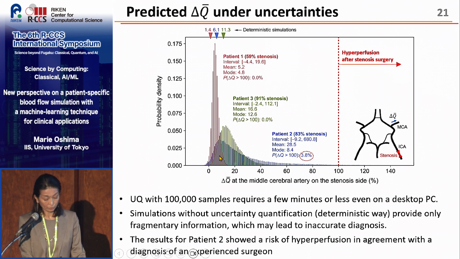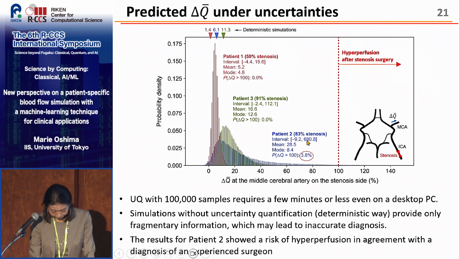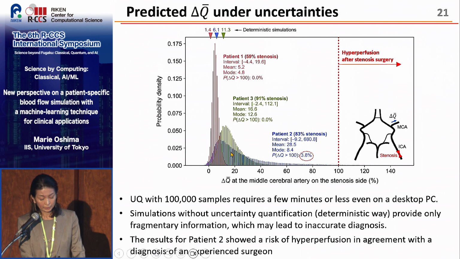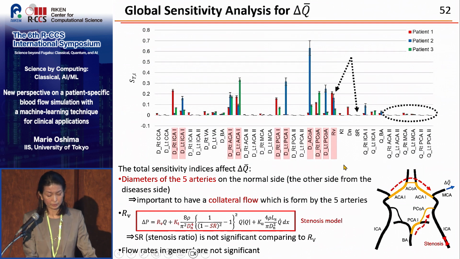Patient 3 even has a very high stenosis ratio, but doesn't have a CHS risk, which was also predicted correctly in our simulation. And patient 2 has a high risk of CHS, and as shown in this figure, it's predicted successfully.